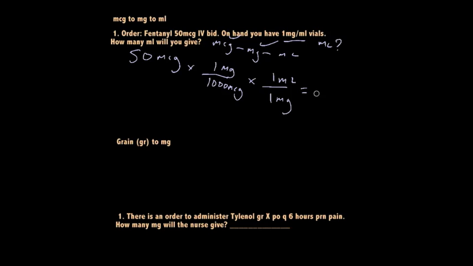Important note here, all right? You're not changing your answer at all by adding this portion of the equation into it. Whatever this answer ends up being, if you multiply it by 1 or divide it by 1, it's the same answer. However, at least at Cox College, you are required to show all of your work.